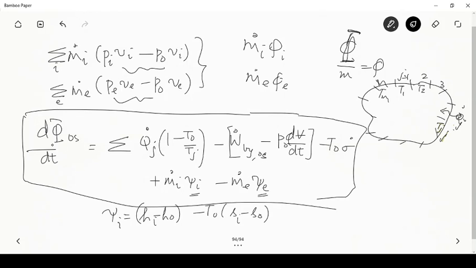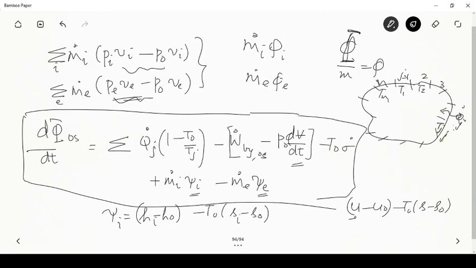The rate of change of exergy of an open system would be equal to the sum of the rate of change of exergy due to heat transfer, minus the rate of change of exergy due to work transfer, minus the rate of decrease in exergy because of irreversibility, plus the rate of inflow of flow exergy, minus the rate of outflow of flow exergy, where this flow exergy has the U minus U naught, the P naught into (V minus V naught) component already gone in here, minus T naught into (S minus S naught), added with this part of it, the m dot times (PV minus P naught V naught).